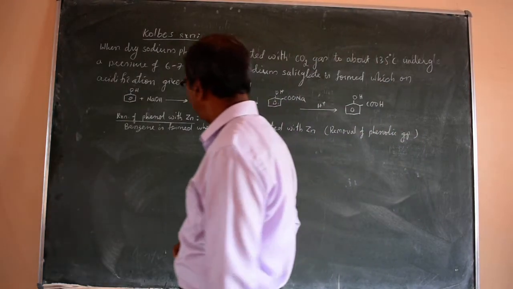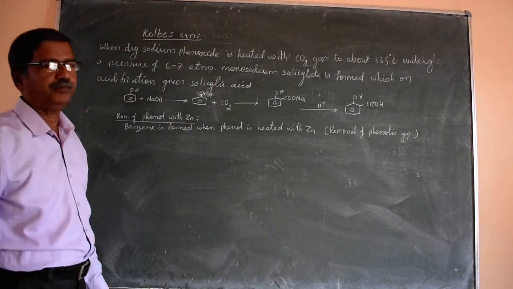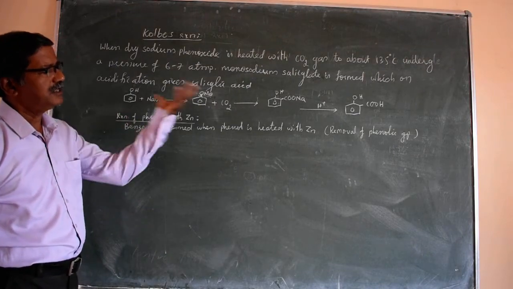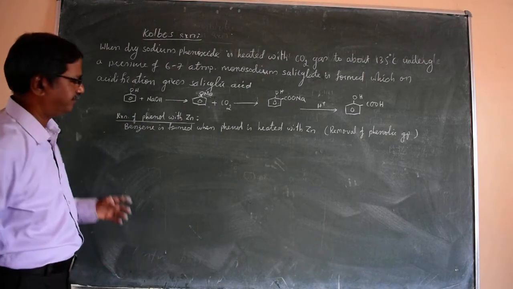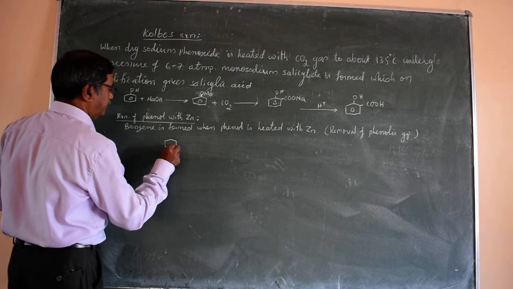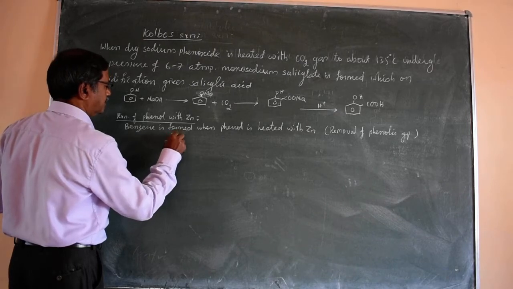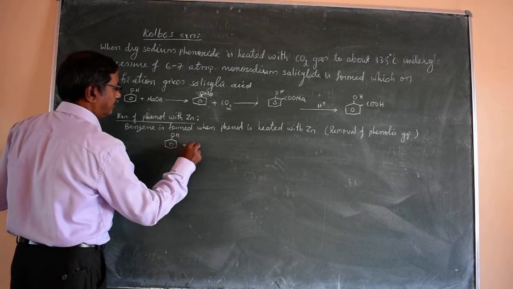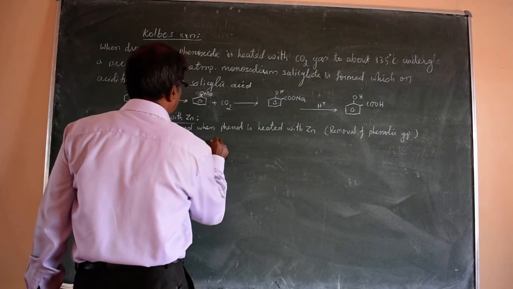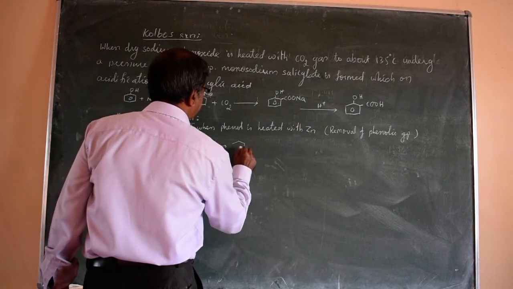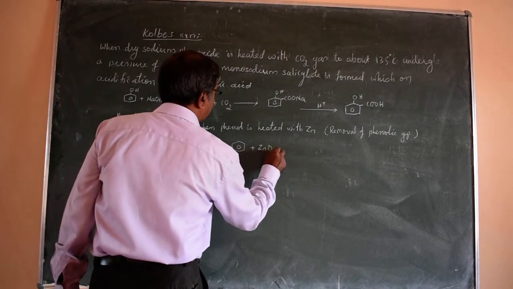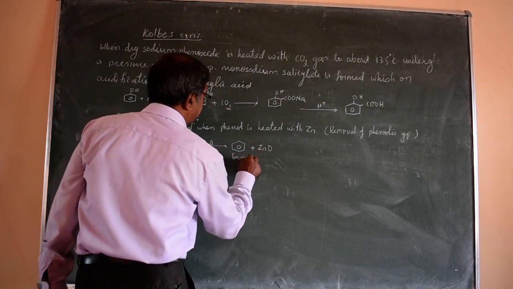To name the reagent used to remove the phenolic group, it is Zn. Just by heating with zinc dust, elimination of the phenolic group takes place. Writing the reactants and products is important. So it's phenol with Zn; on heating, the product formed is benzene plus ZnO.